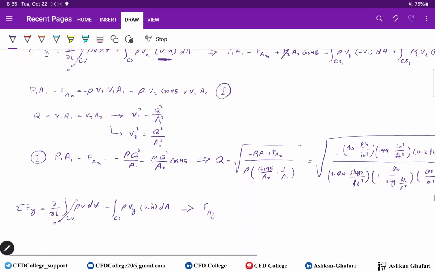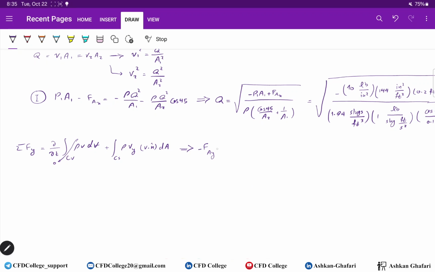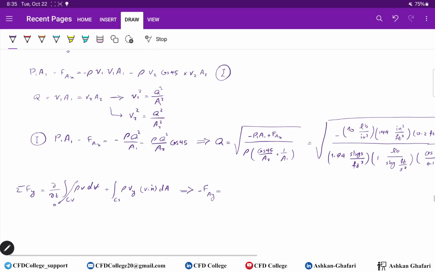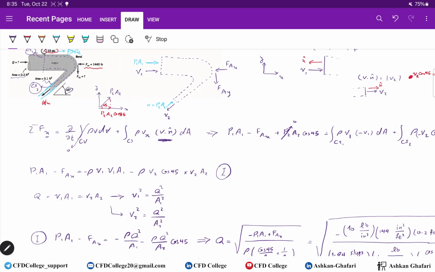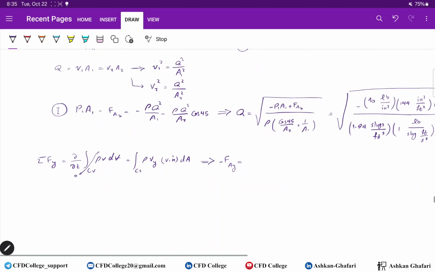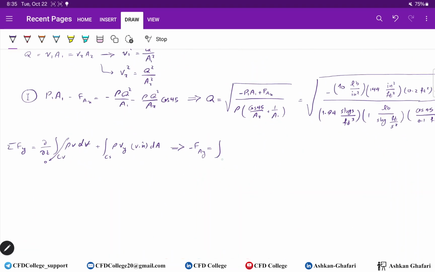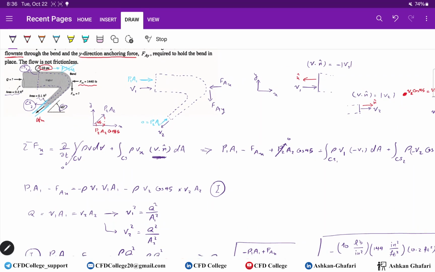So with regard to forces, we only have FAY, but I think it's in the opposite direction with respect to y, so minus FAY equals at control surface 1, V is horizontal in x direction, so V1y is 0. So if I want to solve it, I should write at control surface 1 rho V1 in y direction is 0 times V dot n at inlet, which is minus V1 dA, plus at CS2 we have rho and V in y direction.